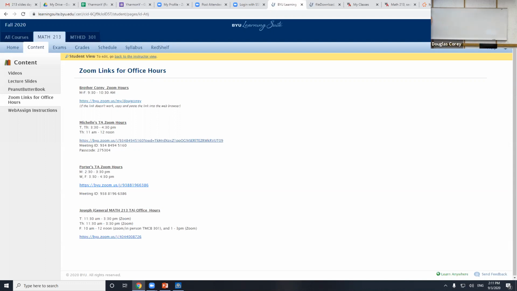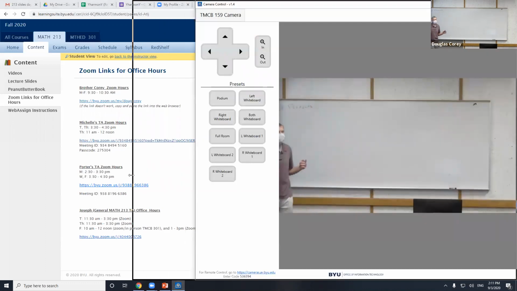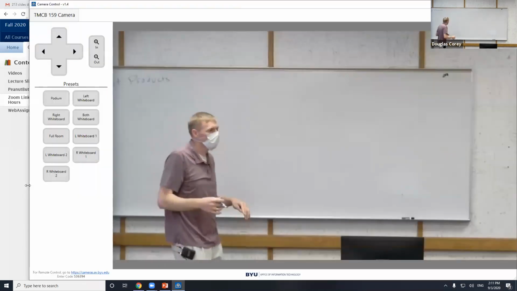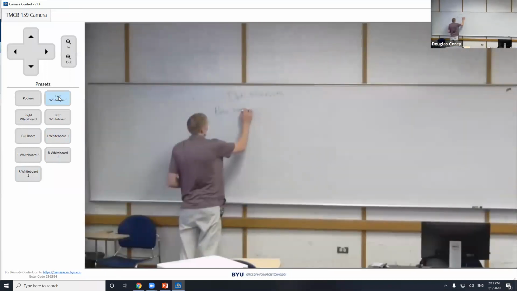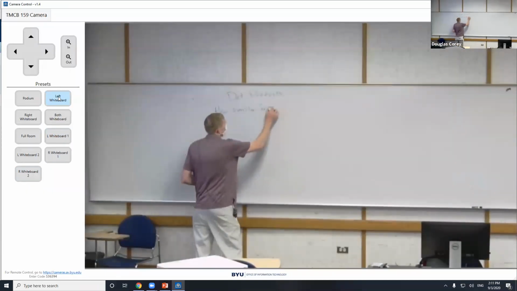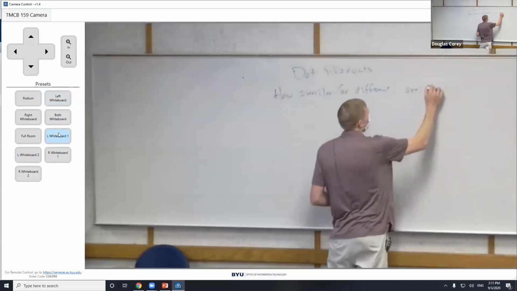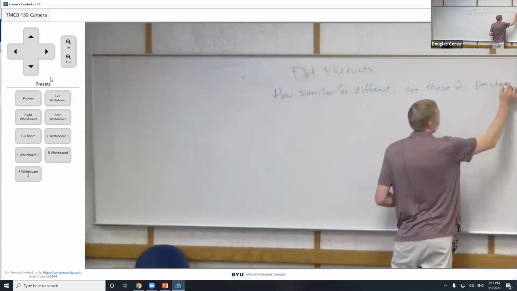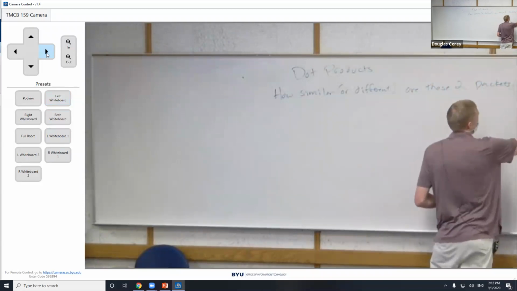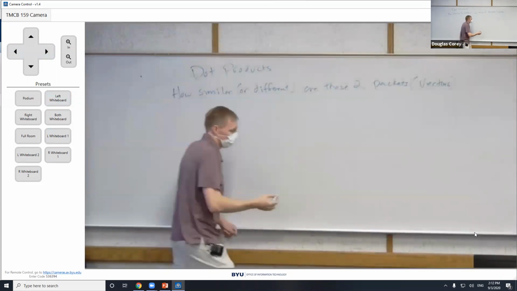Dot products. When you're dealing with packets or vectors, one natural question is how similar or different are these two packets, or these two vectors? The dot product helps us to answer that question.